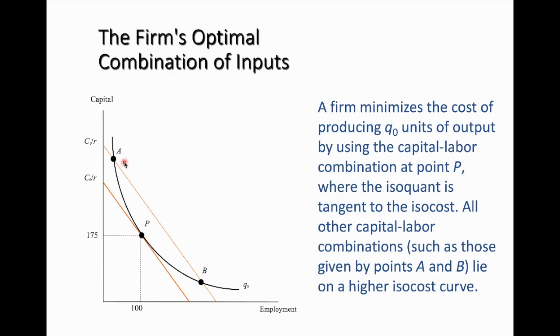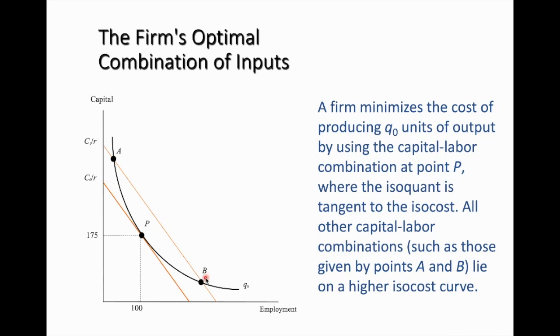Because if we look at point A, over here, point A is on a much higher isocost. Yet, at point A, the firm is still producing the same amount of output given by Q0. The firm is better off choosing the input mix given by point P because the firm is still producing Q0 but using a much lower cost outlay, as indicated by the lower isocost.